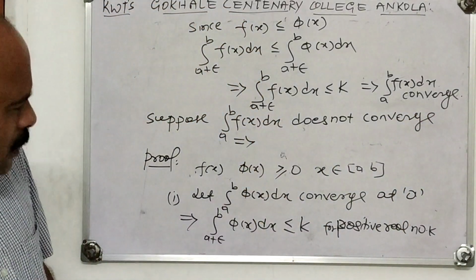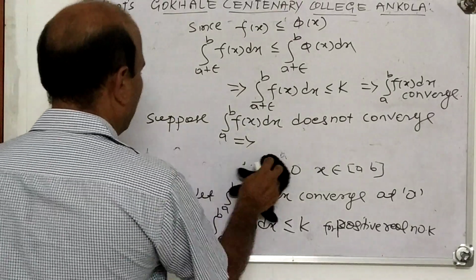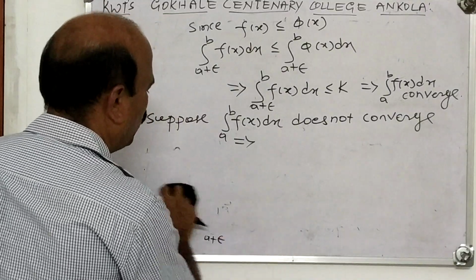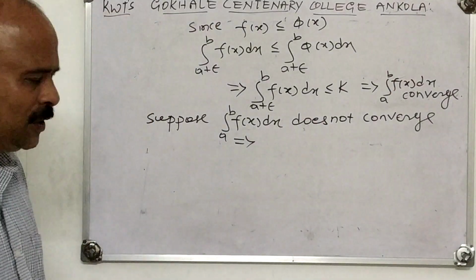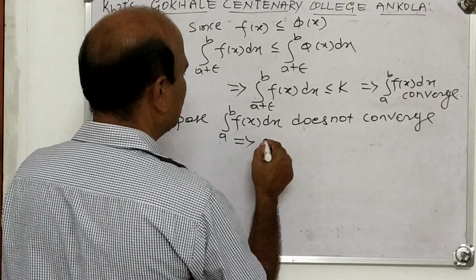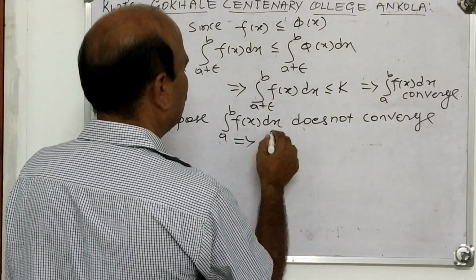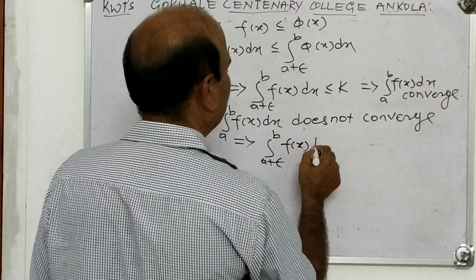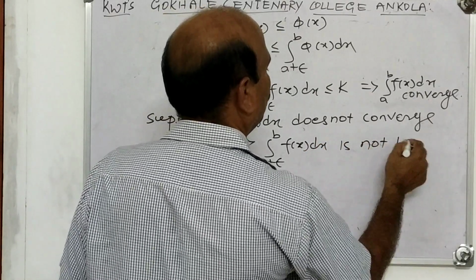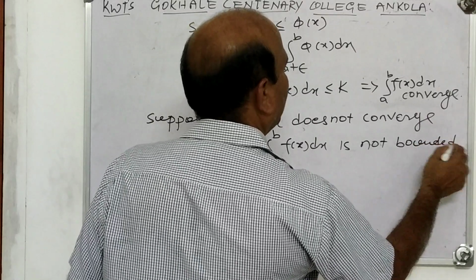What does this imply? It means it is not bounded, by the necessary and sufficient condition of convergence. This implies the integral from a plus epsilon to b of f(x) dx is not bounded.